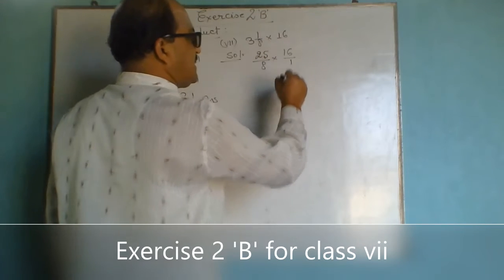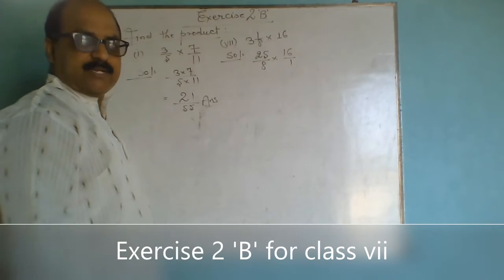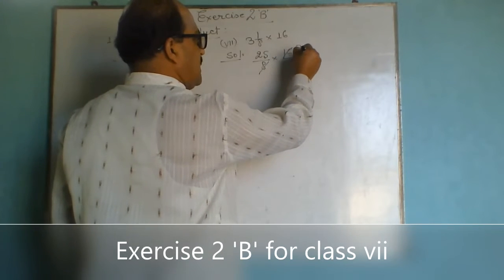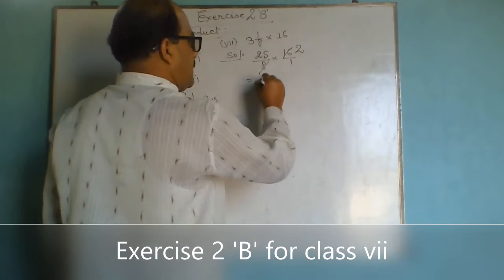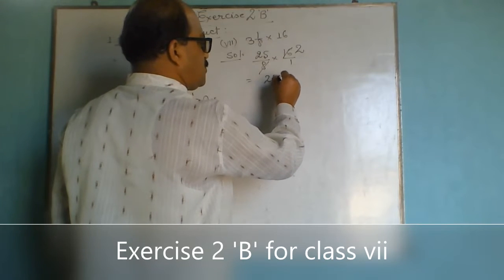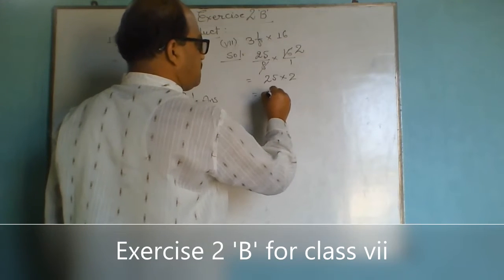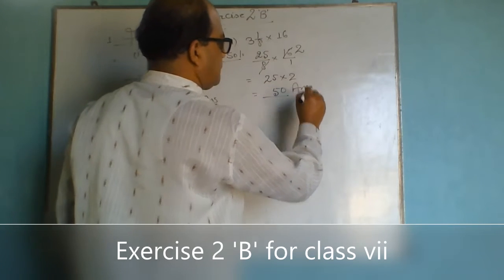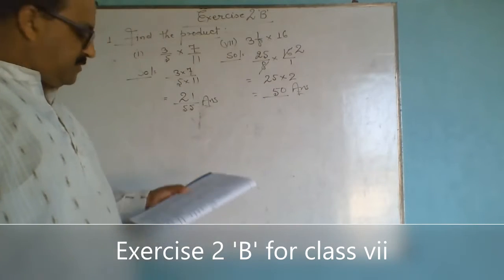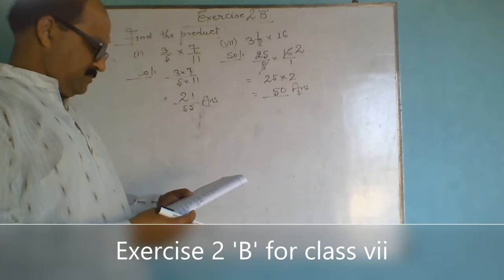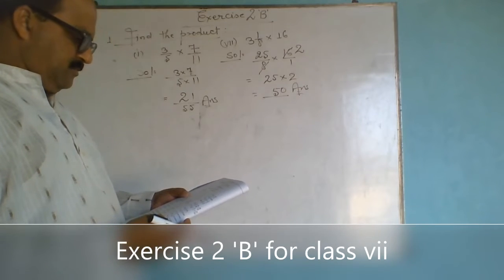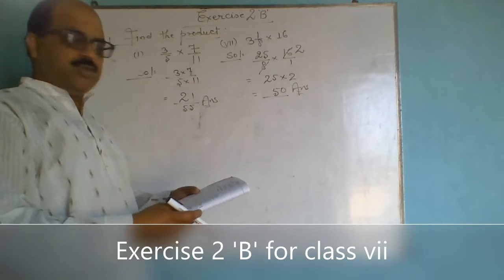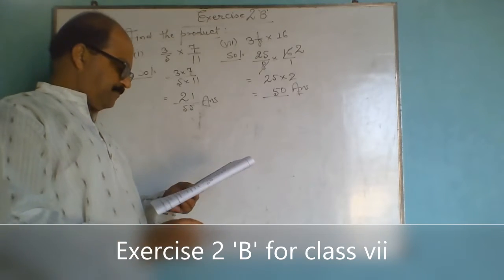Here 1 is in the place of denominator. So when we cancel it, 8 twos are 16, then 25 into 2 becomes 50, and this is the answer. All such questions are based on the same pattern, so you will try to solve them.